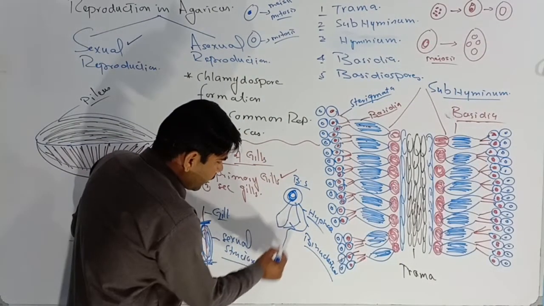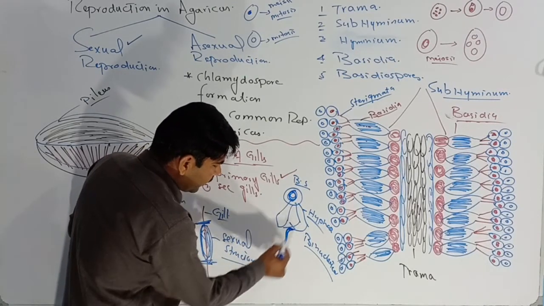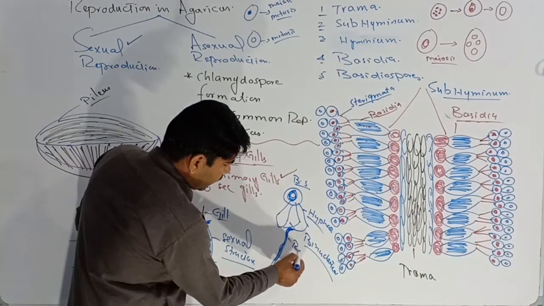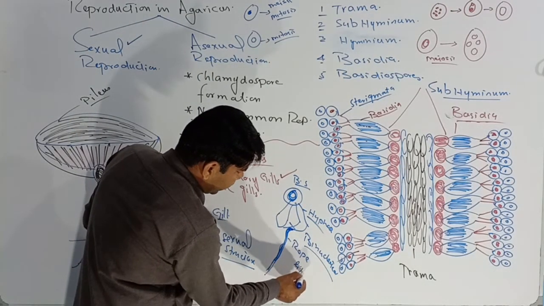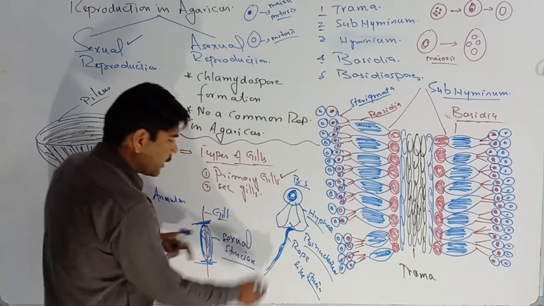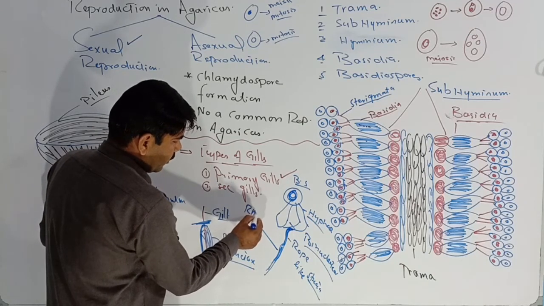Then they again produce long hyphae, and these long hyphae make a rope-like structure. This rope-like structure is known as rhizomorph.